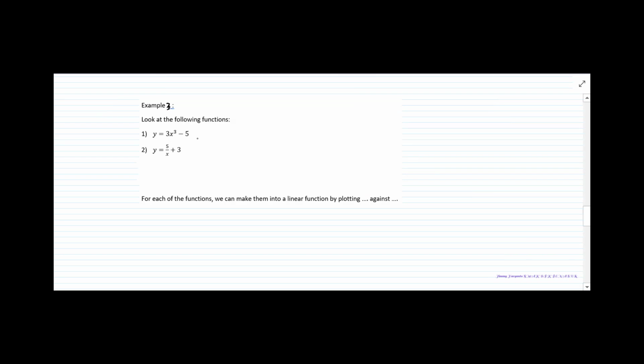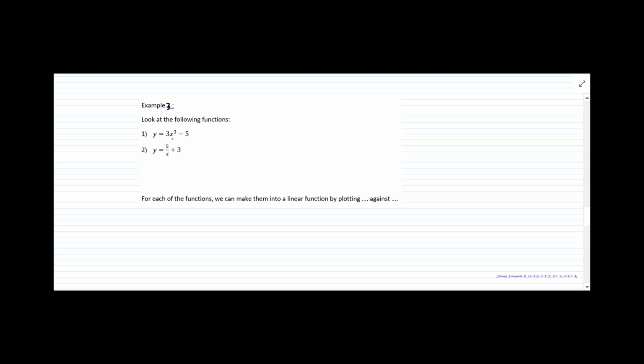Okay, next is example 3. In example 1 and example 2, the instruction is guiding you to plot something against something. But in real life there is no guidance, so you have to predict what you have to plot to make it linear.